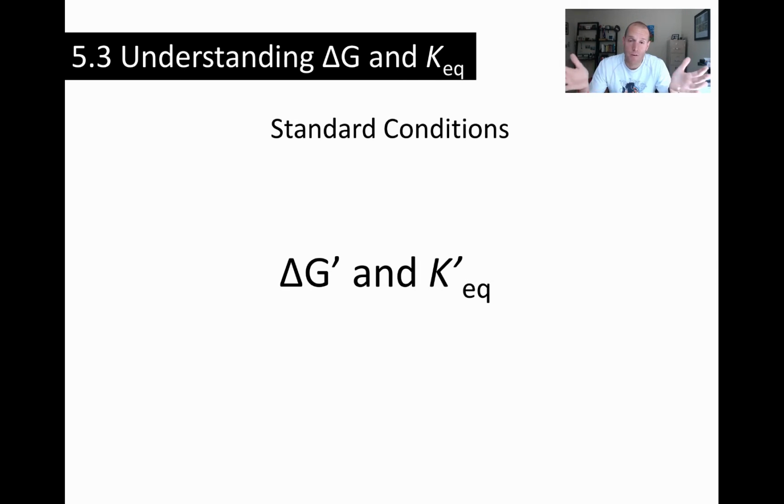So if you've got a pH of 7, the proton concentration is 10 to the minus 7 molar, and the hydroxyl concentration is 10 to the minus 7 molar also, and their product is 10 to the minus 14 molar. So when you see delta G prime and K prime equilibrium, we're talking about standard conditions, except the prime is an indication that the pH is at 7 and not at 1 molar protons, for example.